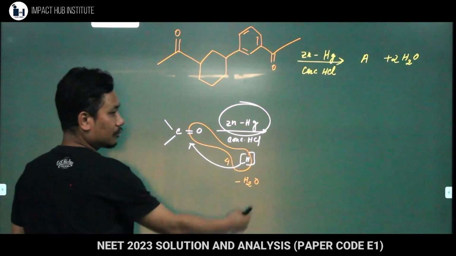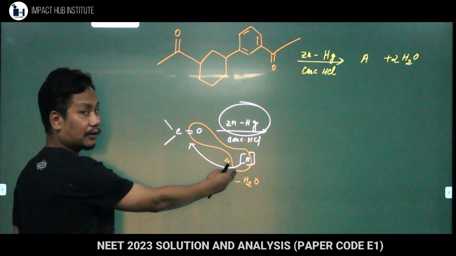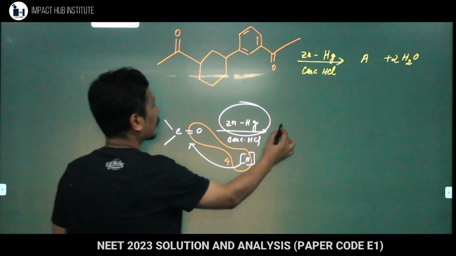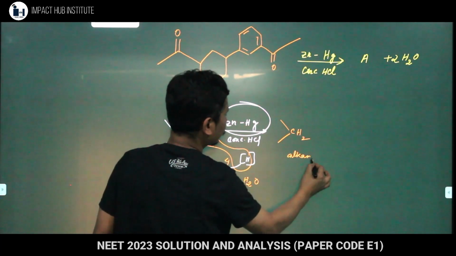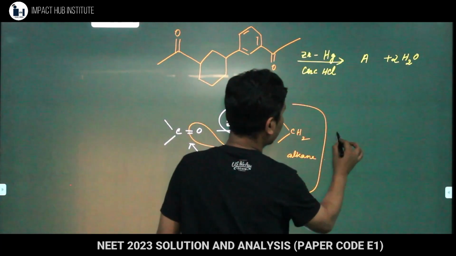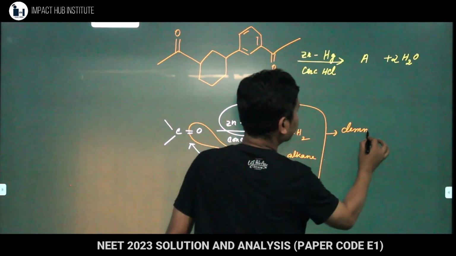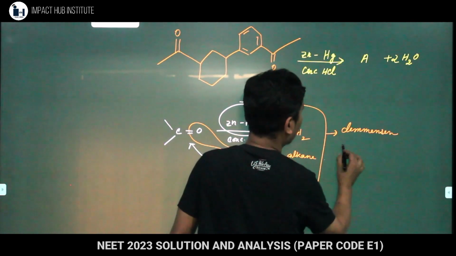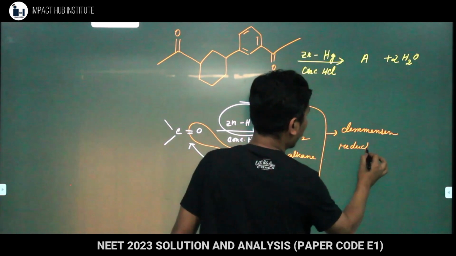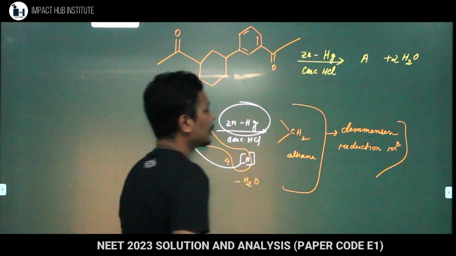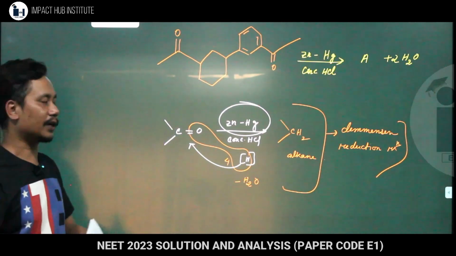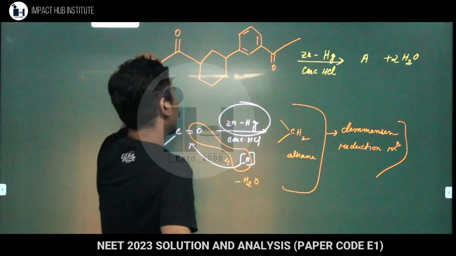Now 2 of the hydrogens are gone, 2 of the hydrogens are still left, and they will get added up here and make the compound like this. That means it is giving you an alkane, and this is your Clemmensen reduction reaction.